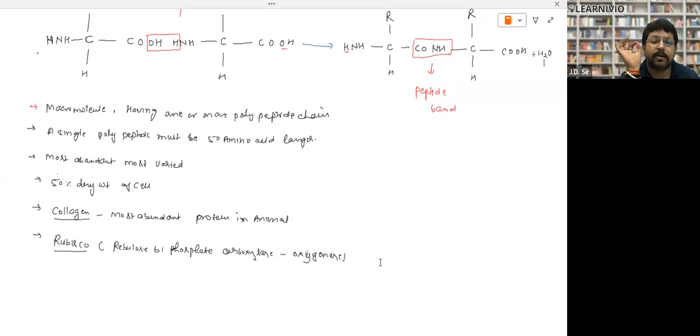Both are the same thing. Either you call it polypeptide or you call it protein. Both are the same. So that is an interchangeable word, right? Protein and polypeptide. Hope it is clear.